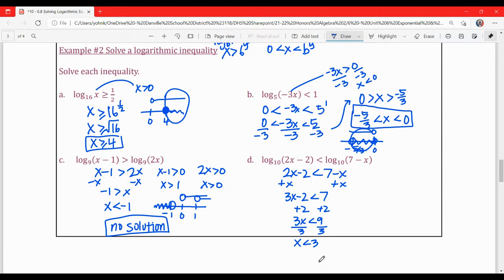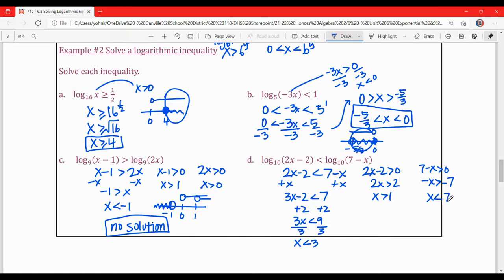I do have to check my other constraints. 2x minus 2 has to be greater than 0. And 7 minus x has to be greater than 0. So in the middle, we get 2x is greater than 2. X is greater than 1. On the far right side, negative x is greater than negative 7.